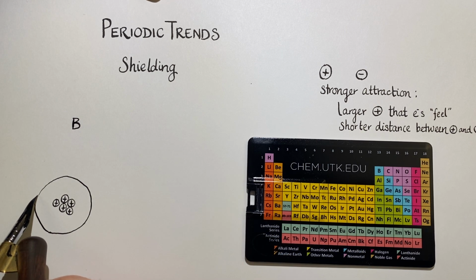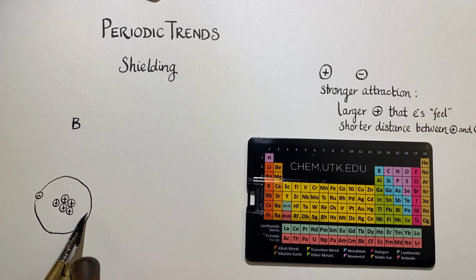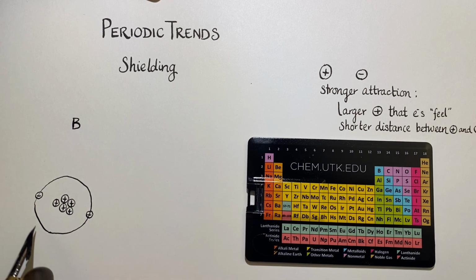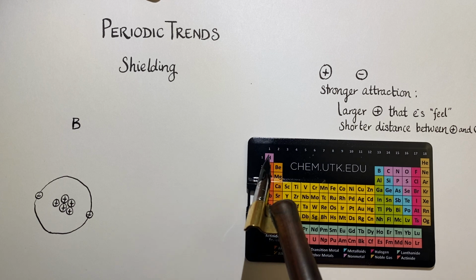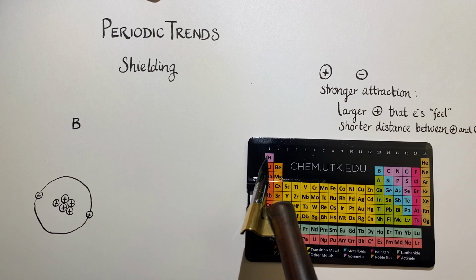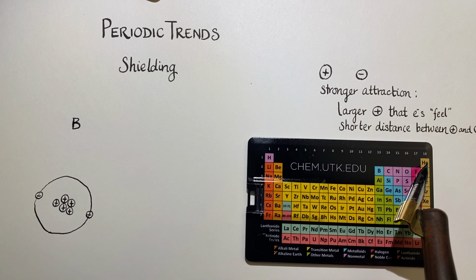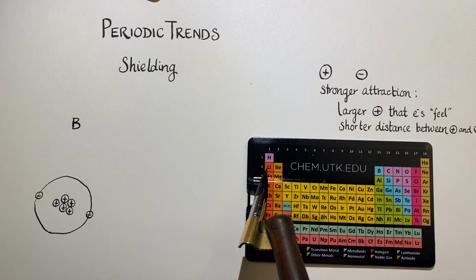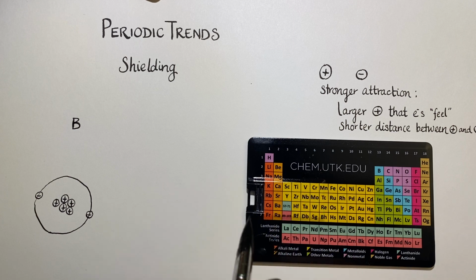So in this first shell, there are 2 electrons. Okay, and I'm just distributing them randomly. And this first shell only ever holds 2 electrons. And again, we see that represented with this first period having 2 elements in it. Hydrogen having 1 electron, helium having 2. And by the time you get to lithium, there's no more room in that first shell, so it needs to create another shell.